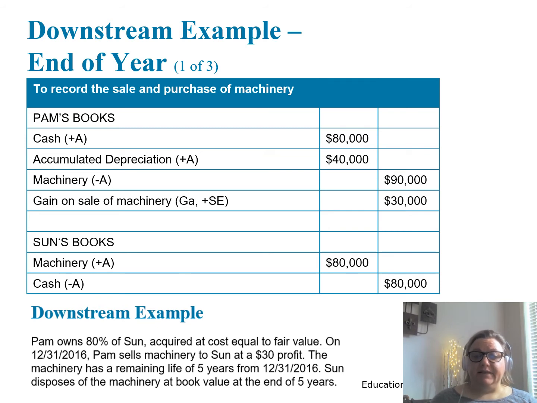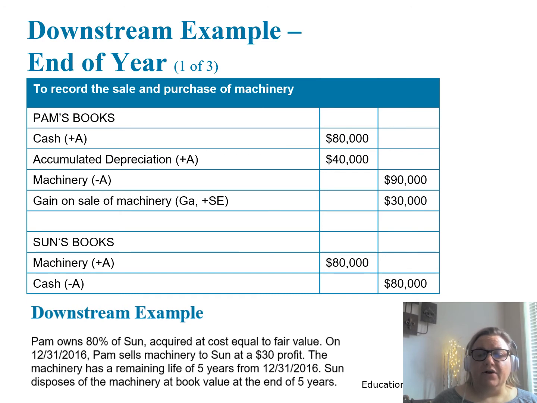You're basically just taking it off the books for the amount that you sold it for, and I'm assuming that's going to be this $80,000. Then here's our gain on sale, and here's the credit to our machinery, and we're taking off the accumulated depreciation, basically taking the machine off the books as if we've done this before.